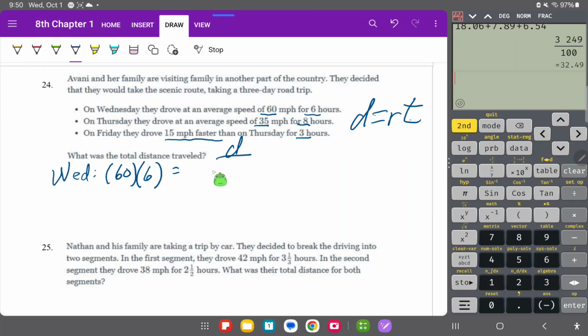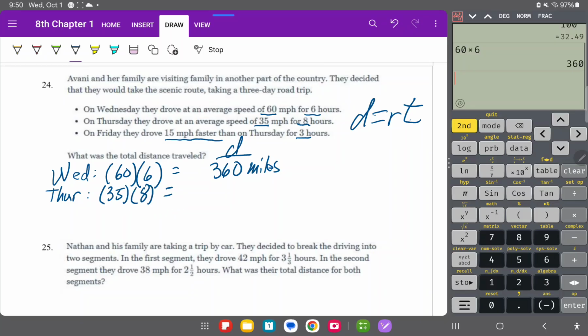So our distance that day is 60 times 6, which is 360 miles. And then on Thursday, our rate was 35, and our time was 8. So we go 35 times 8, and that is 280 miles.